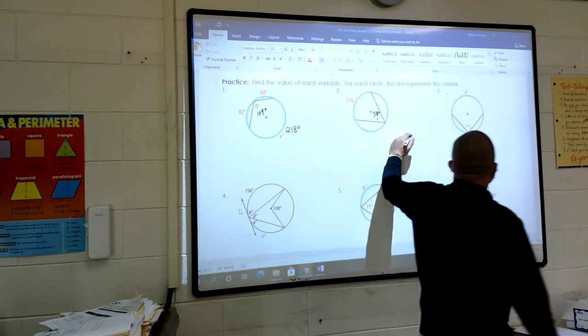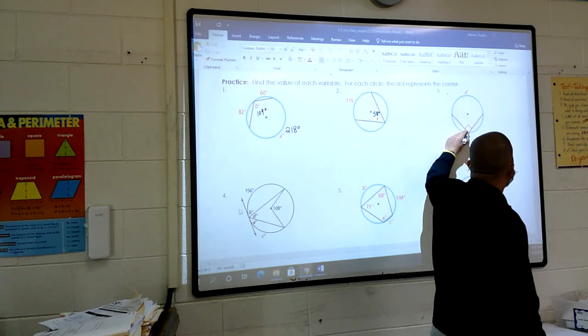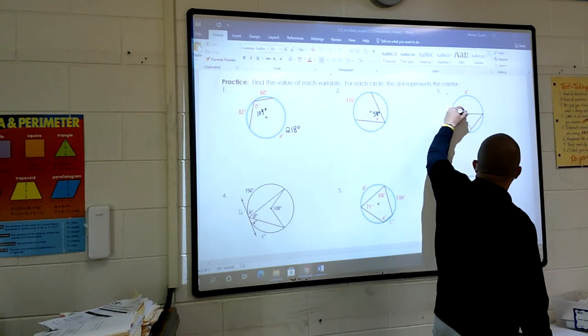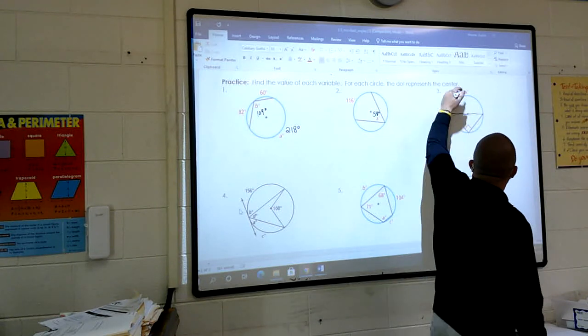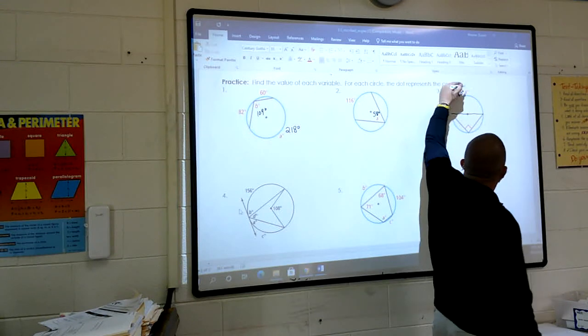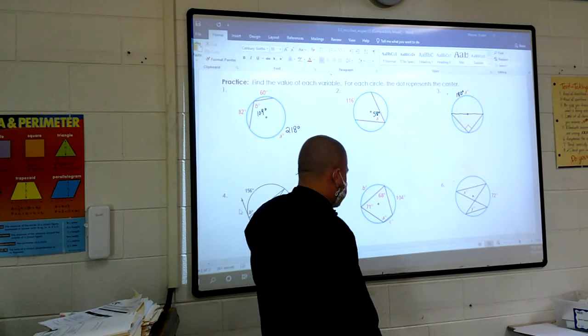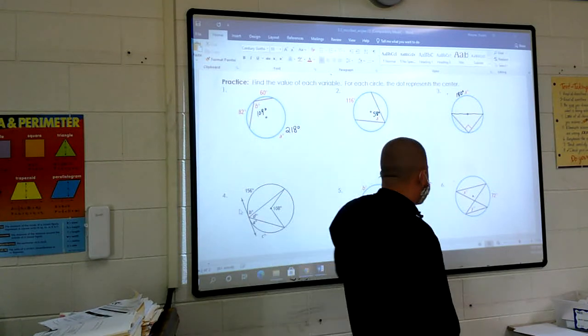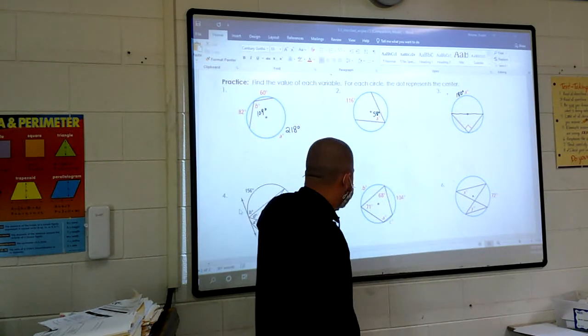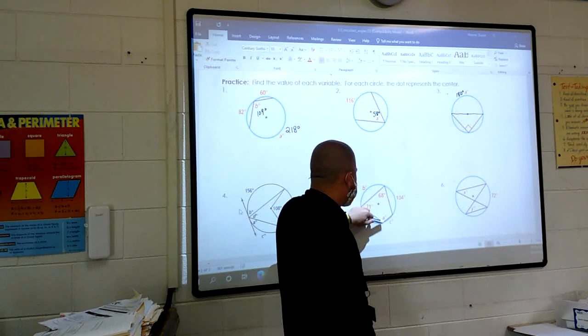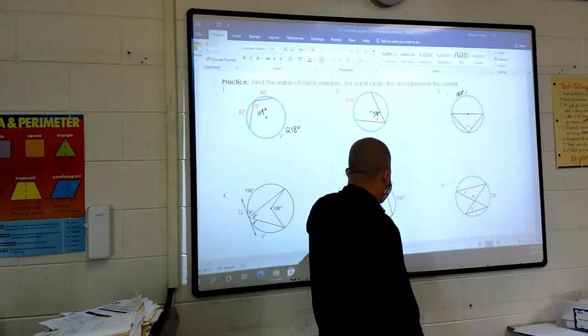If this is a 90 degree angle, it's going to have to be a semicircle. If it's a semicircle, then we know we've got a 180 degree arc. Here, I'm going to go back to this one in a second. This is a quadrilateral. Remember, in a quadrilateral, opposite angles are supplementary.